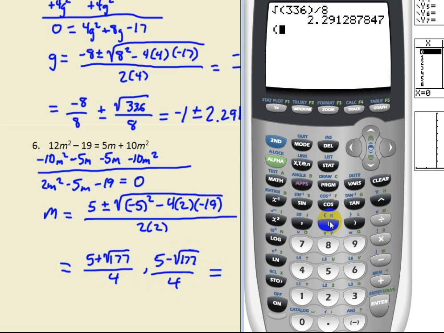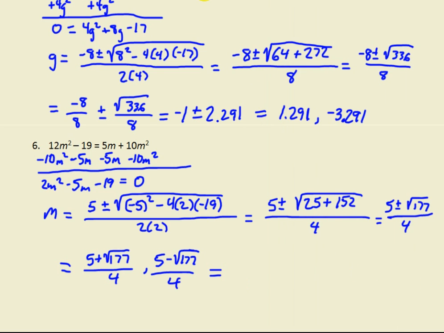So first of all, I'm going to use a set of parentheses for the numerator. 5 plus the square root of 177. So close the parentheses for the square root, close again for the numerator, and then divide by 4. And we get 4.576. The next decimal over is less than 5, so we keep the 6. 4.576.